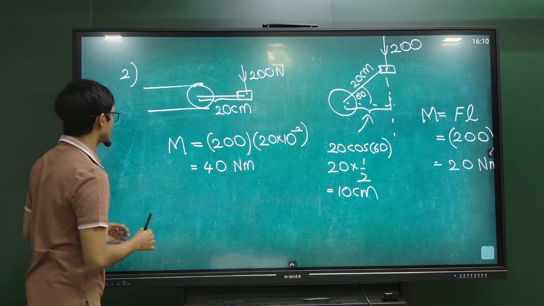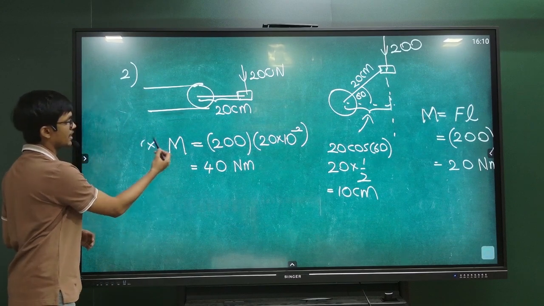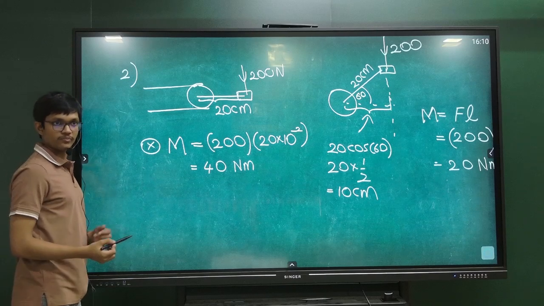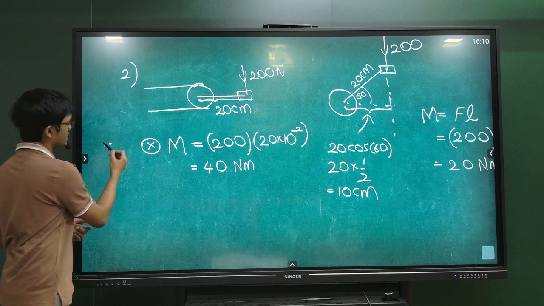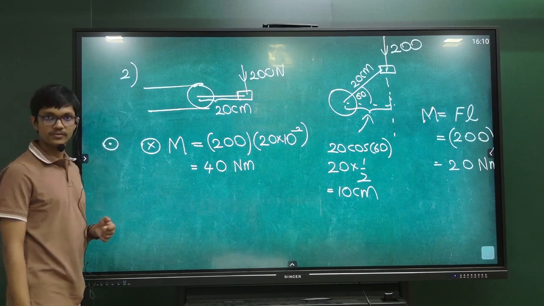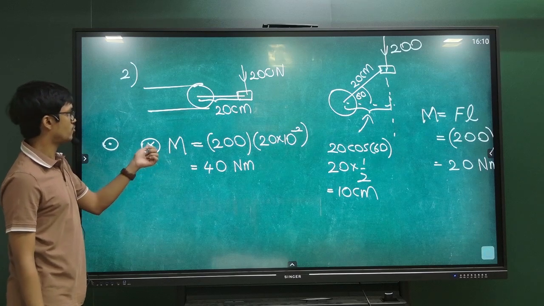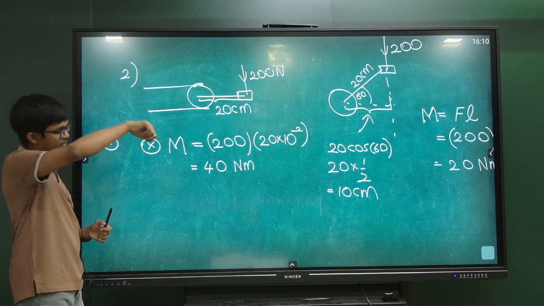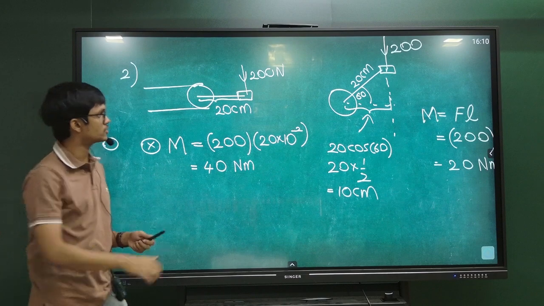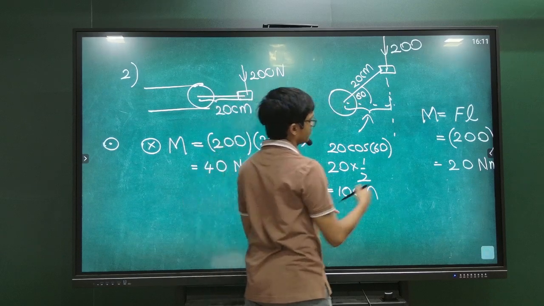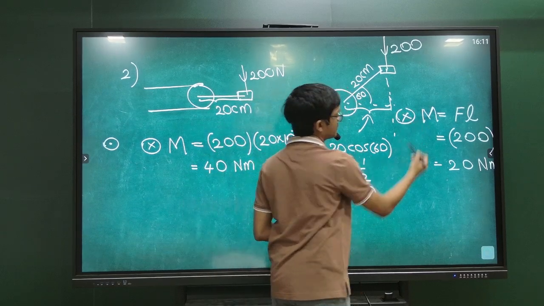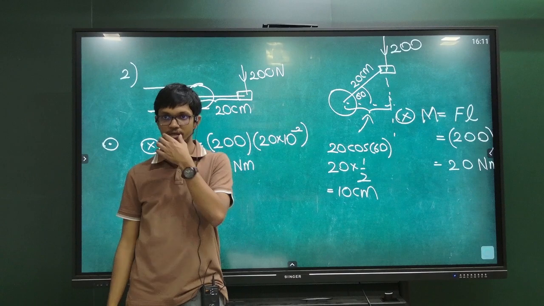When something moves towards the board, you can mark it like this. When something moves out from the board, you can mark it like this. Clear? Here it's moving towards the board, here also it's moving towards the board. So now this is a complete answer. Without the direction, it is not complete, okay?